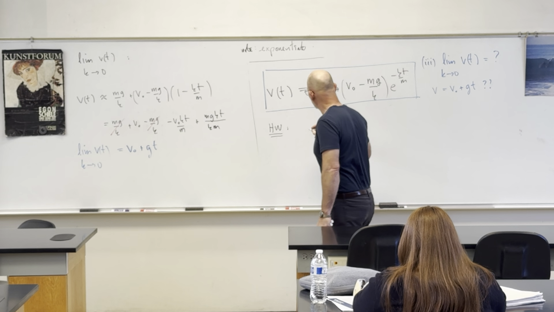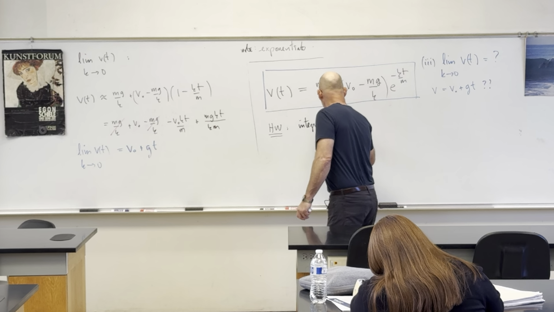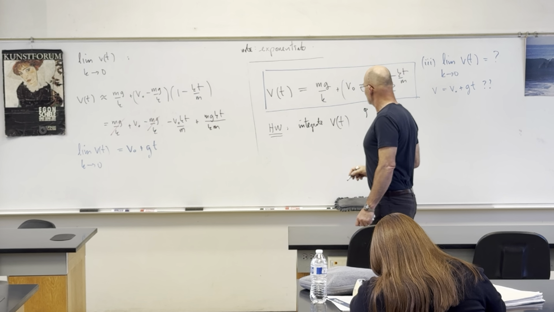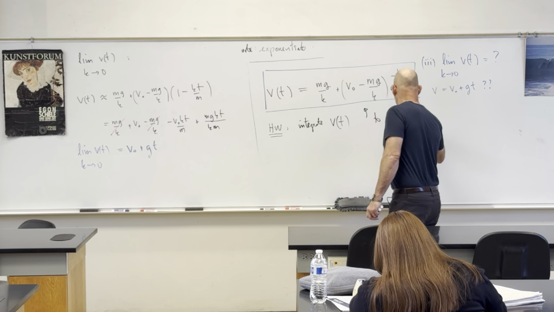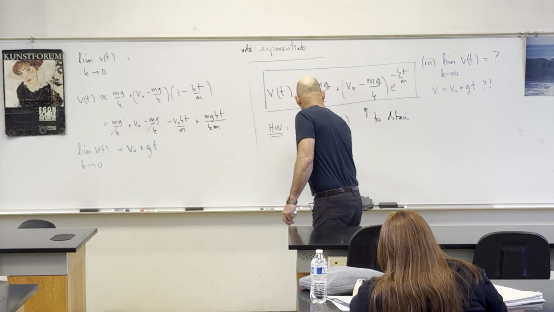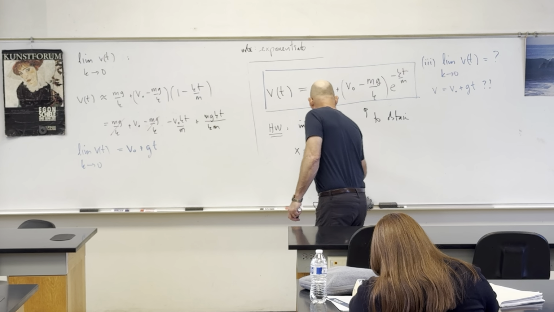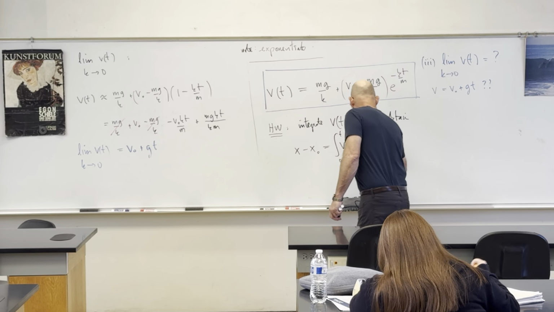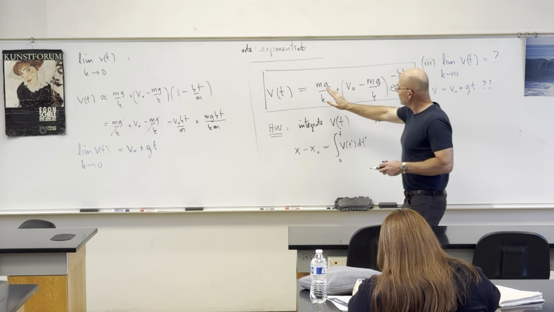So here, integrate this v of t above to obtain x minus x naught equals the integral of v of t prime dt prime. And you have to make sure both of these are under the integral.